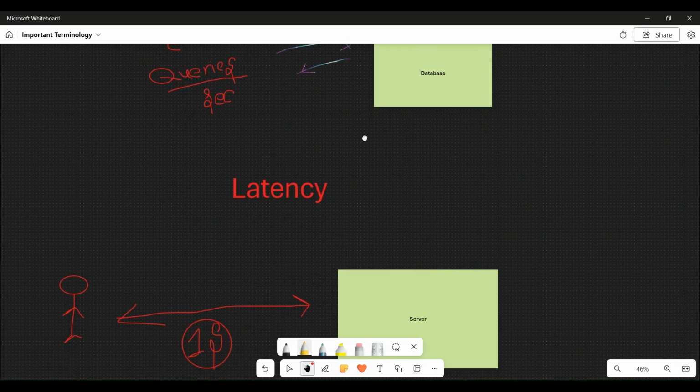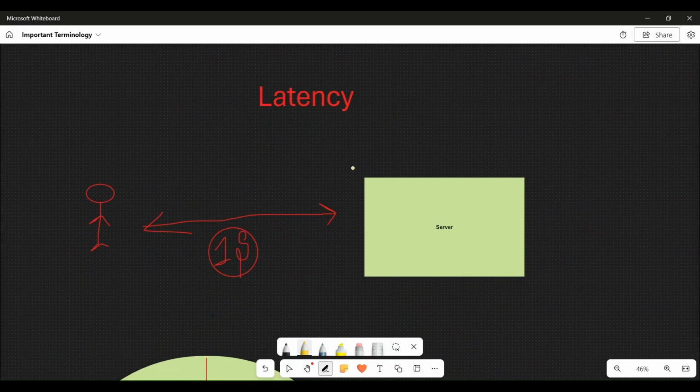Now let us get to latency. Latency is the time taken by a request. For example, a user has requested a resource from the server, and the server has responded with the resource, and it took 2 seconds for the server to complete this whole process, right? So this is the latency, the amount of time taken from the user clicking the button or requesting the resource to getting the resource, right?